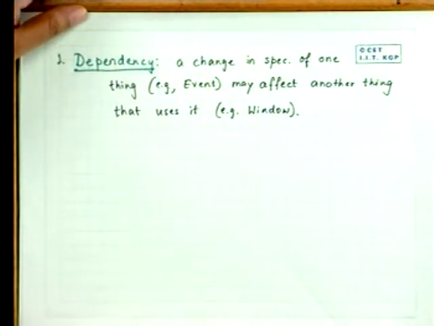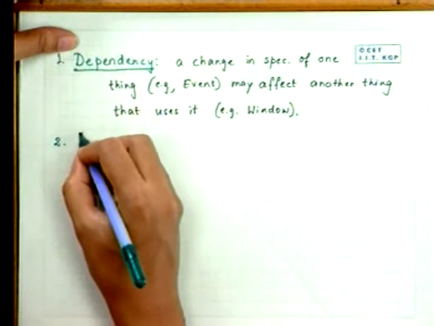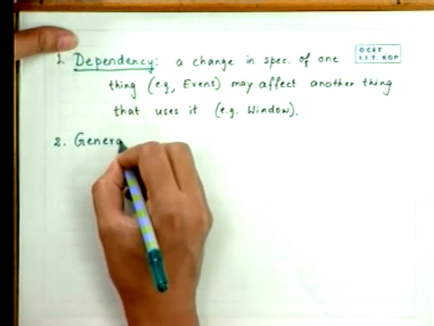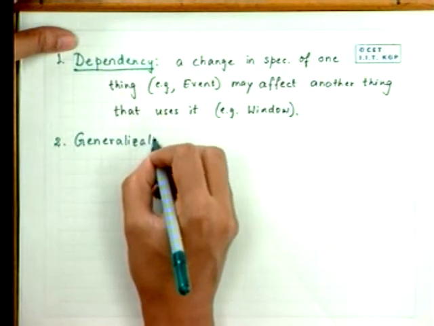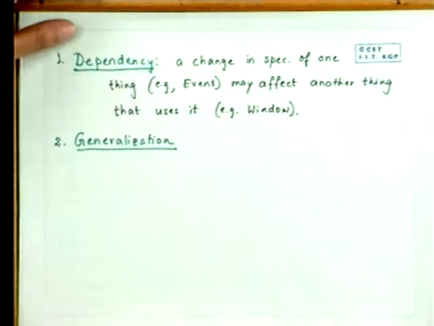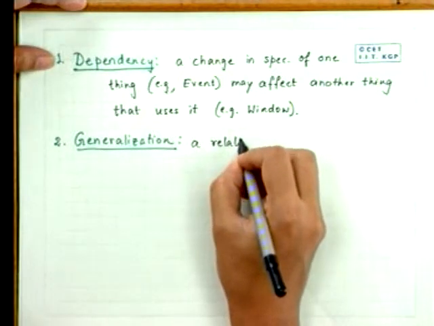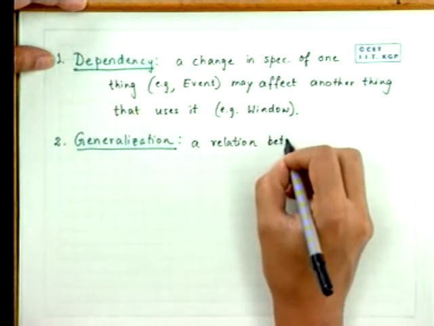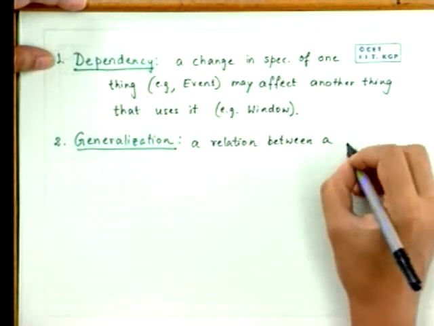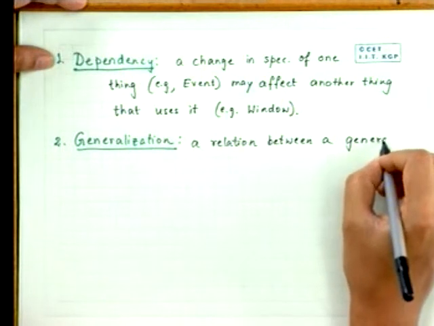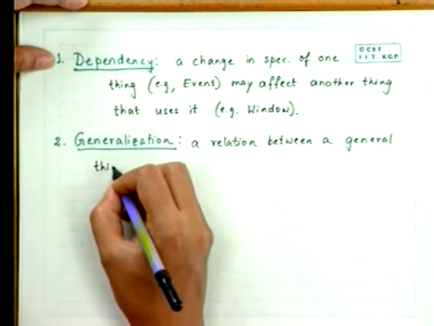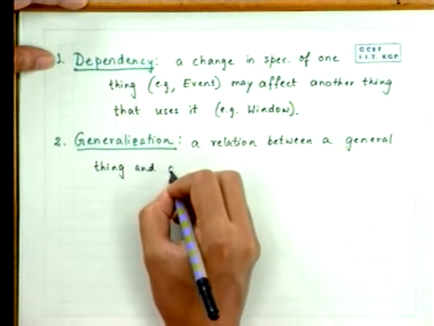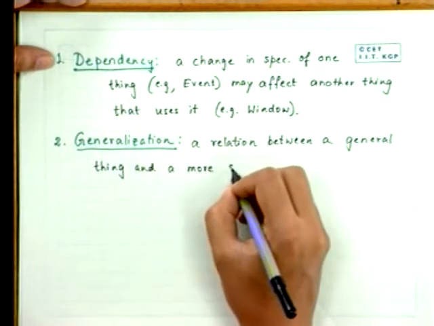Secondly, let us look at generalization relationship. Generalization is a relation between a generalized thing and a specialized thing. A relation between a general thing and a more specific kind of that thing.